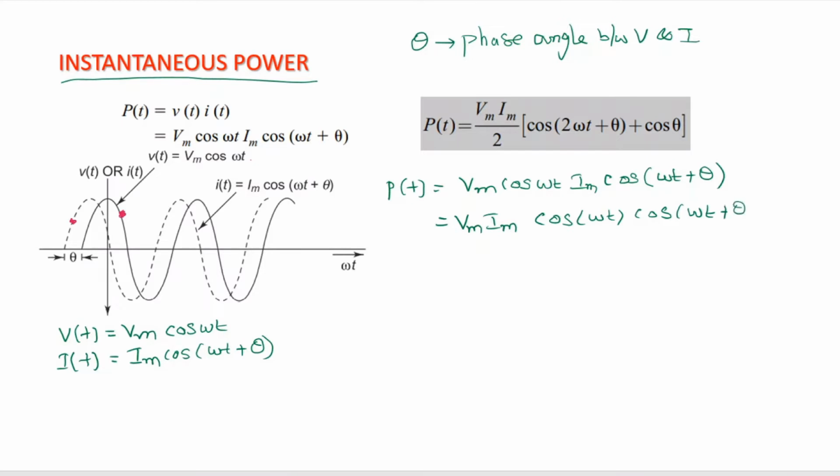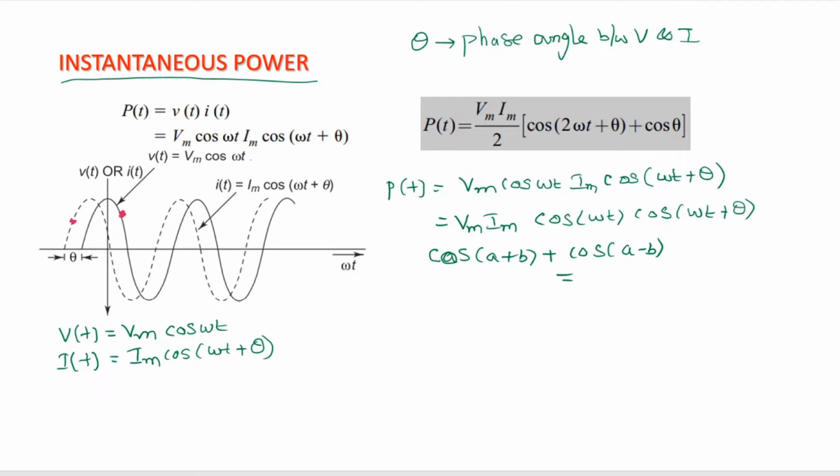It is in the form cos A cos B. What is the formula for cos A cos B? See here, cos A plus B plus cos A minus B, what does it equal? Can anyone tell the answer?